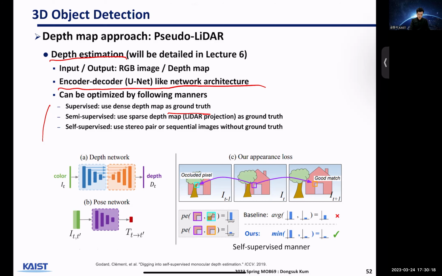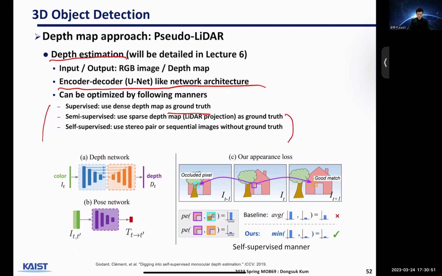So for semantic segmentation and depth estimation, the annotation job is very labor heavy, so usually annotation cost is high. So a lot of semi-supervised and self-supervised learning methods have been proposed in those 2 fields.